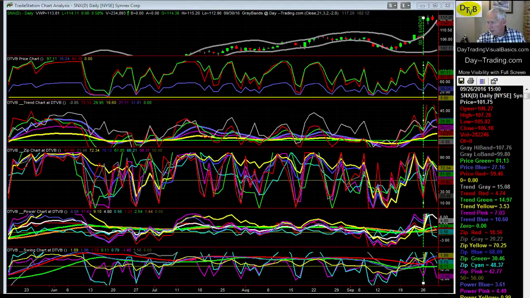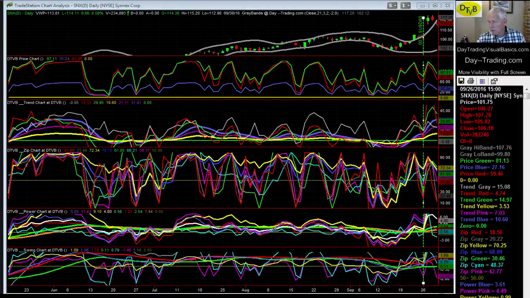And I'll point out the obvious first of all, and that is that if you go into the price chart, we have some low angles down. In the trend chart, we have no other low angles down.